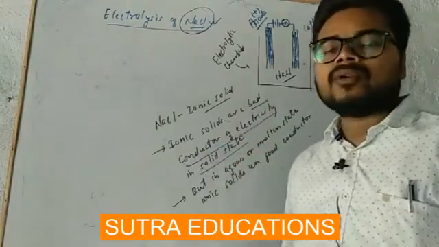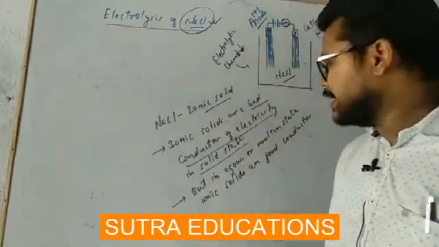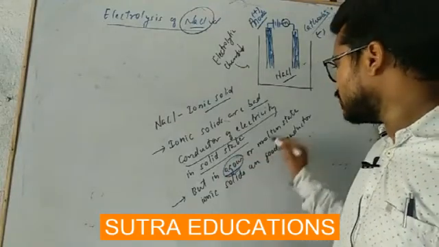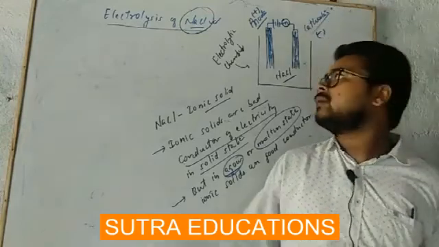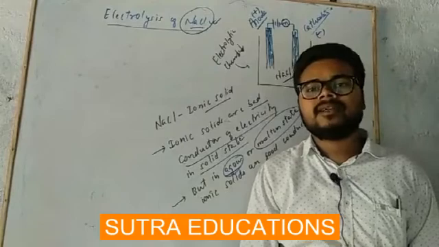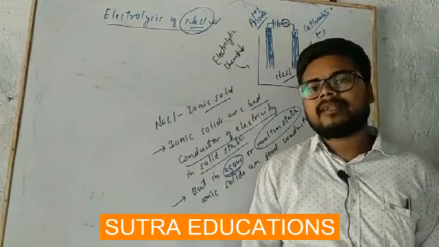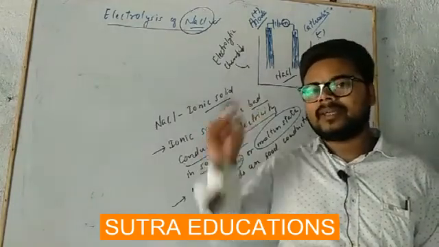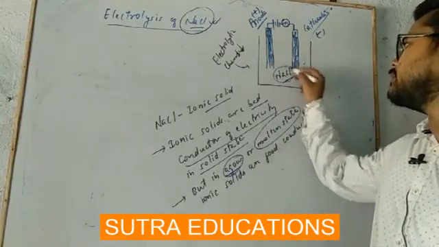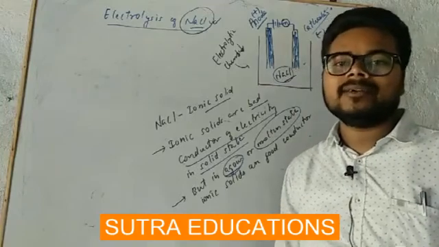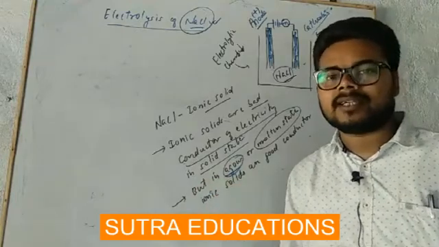To make it a good conductor of electricity, we need to make it aqueous or molten. So there are two ways to perform electrolysis of NaCl. First way, simply add some water into it. Water will make it aqueous. Or second way is to heat this NaCl, then NaCl will be melted, converted into molten state.